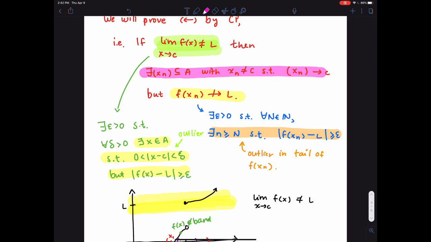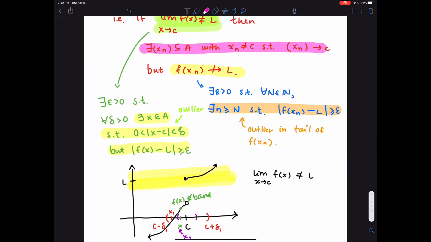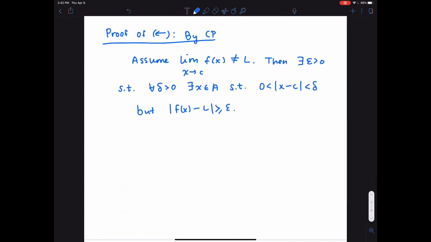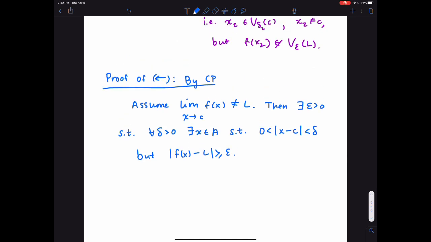So I'm picking these values, and the way I'm going to pick them is by choosing values of delta and getting their corresponding outlier x. So I come back down and I'm going to say consider delta n equal to 1 over n for each n.